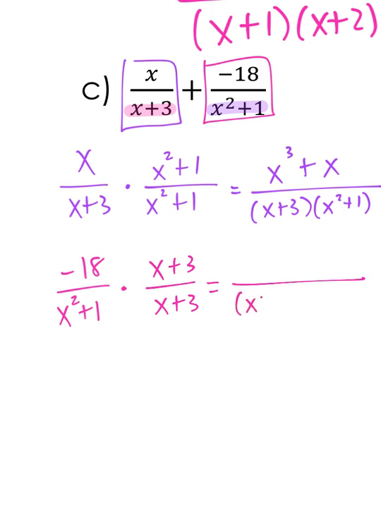So I'm going to end up with x plus 3 times x squared plus 1 on the bottom. The top is going to give me negative 18x minus 54.